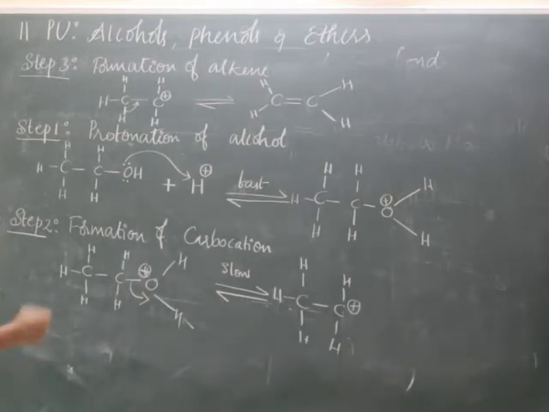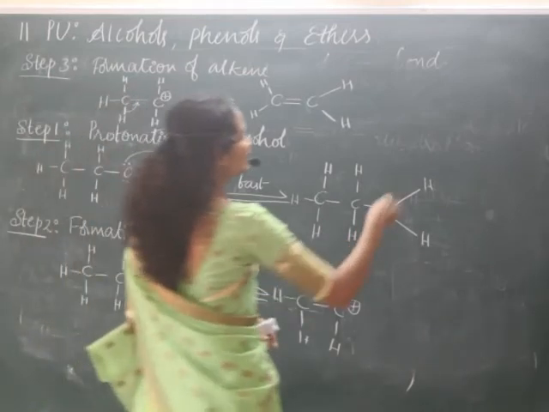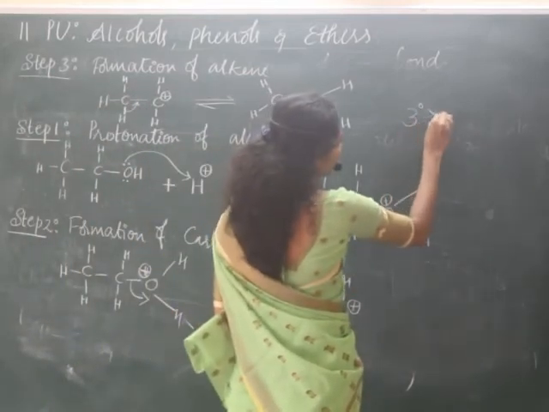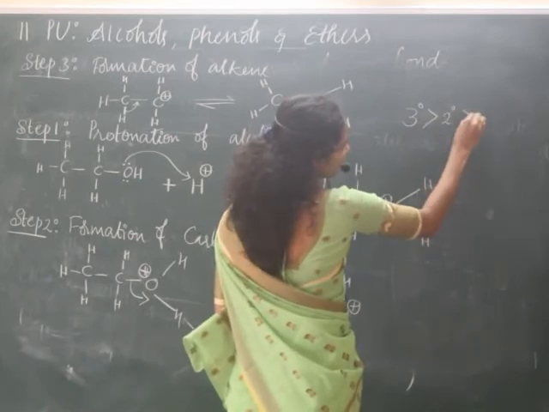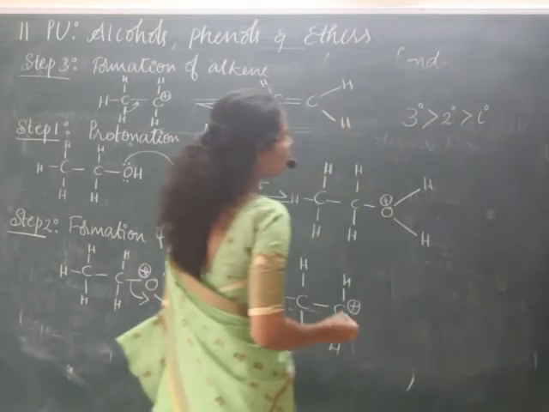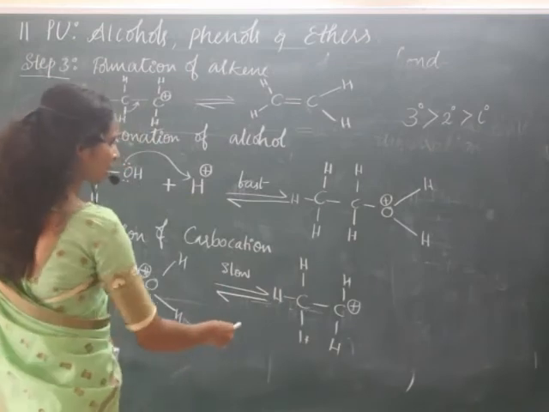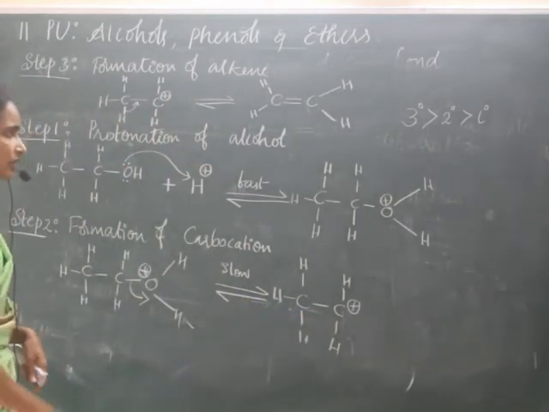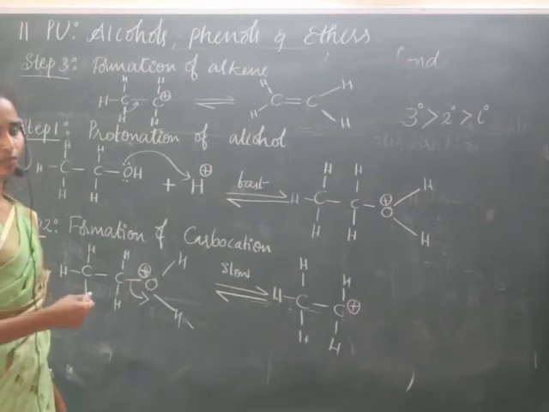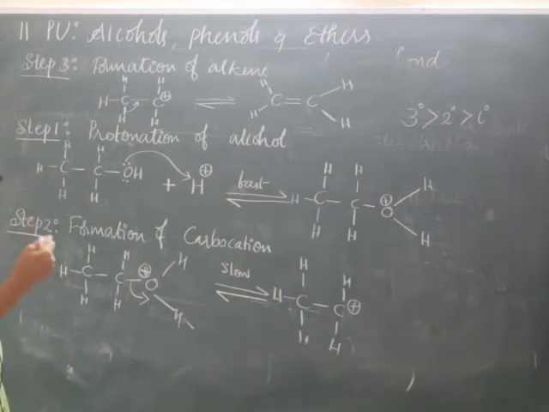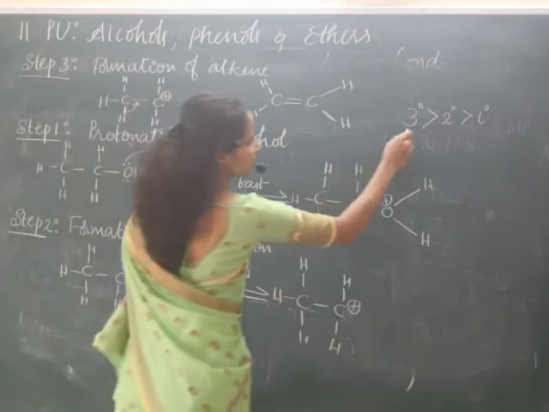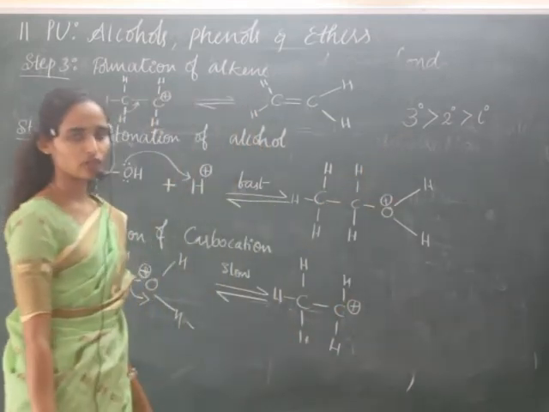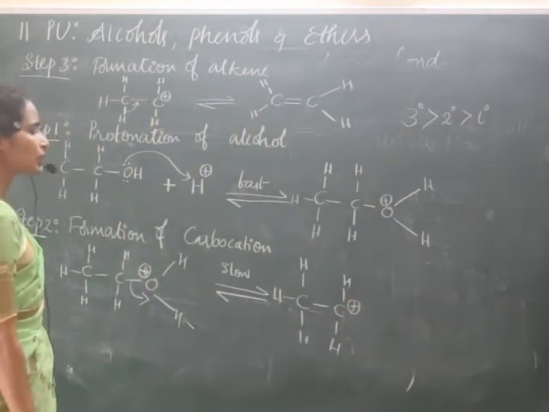Now you can come to know why tertiary alcohol will react easily, even in mild conditions. Because here carbocation formation takes place. As we know, tertiary carbocations are more stable compared to secondary carbocation and primary carbocation.